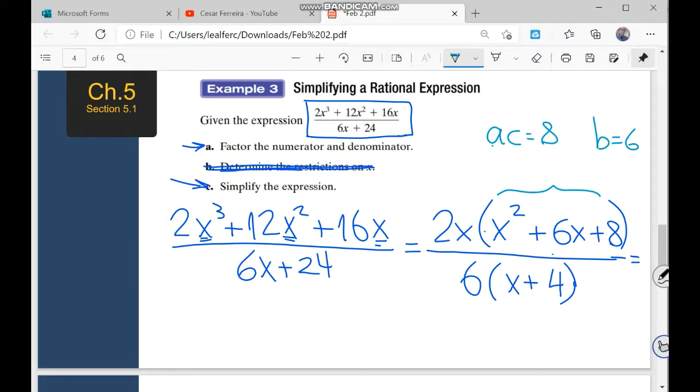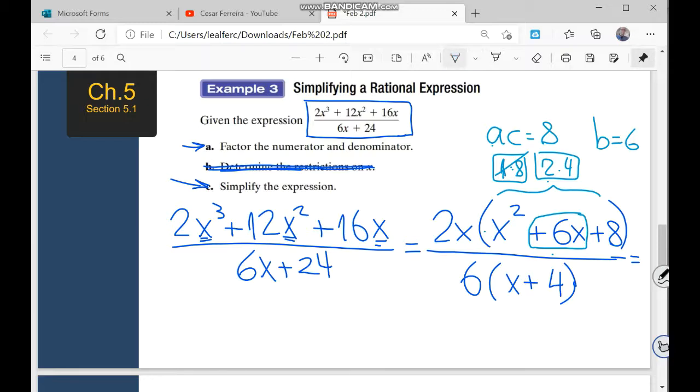We need to find two numbers that multiplied equal 8, and the sum equals 6. 8 is going to be 1 times 8, or 2 times 4. Those are the two possible combinations. Definitely it is going to be 2 and 4, right? 2 plus 4 is 6, 2 times 4 is 8. So we can break this down as 2x plus 4x.